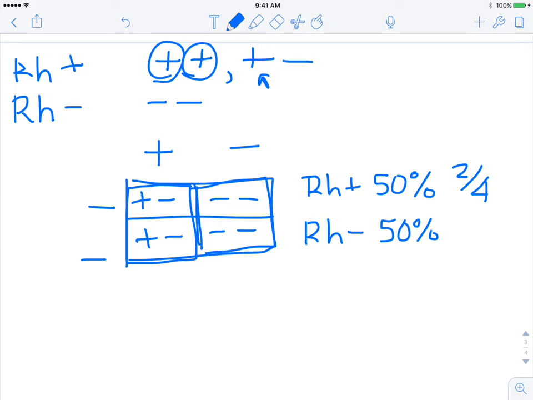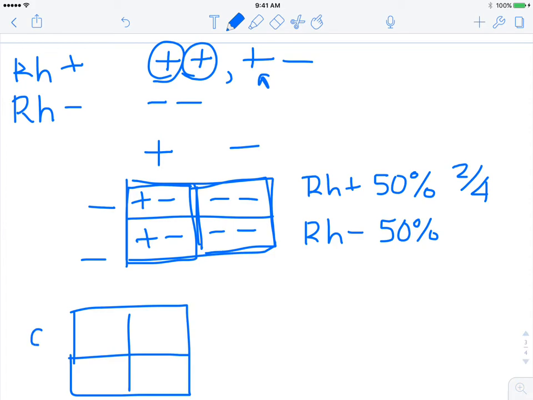If you were asked to do a problem where you were crossing someone who had A positive blood with someone who had O negative blood, what you're going to do is a Punnett square for your ABO genotypes. So we had O, which would be ii, and then someone with A blood, we'll say that they're heterozygous, IA i.